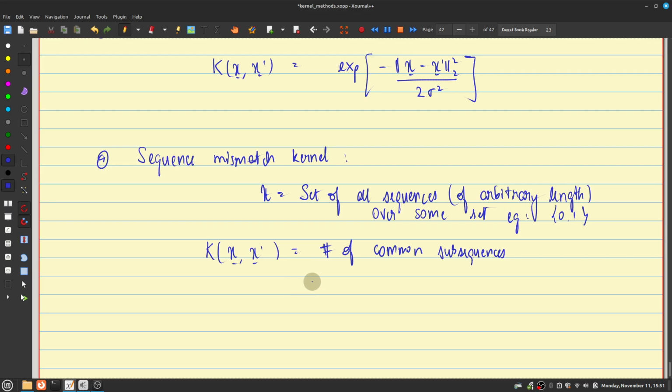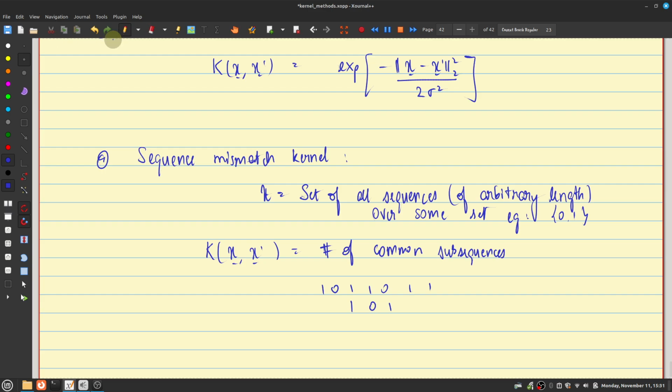So what do we mean by a common subsequence? It's any sequence, in the same order, that appears in both strings.